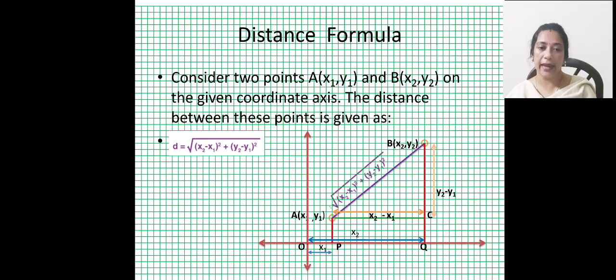So, AB is equal to the square root of (x2 minus x1) whole squared, plus (y2 minus y1) whole squared. So, this is how we find the distance between 2 points on a Cartesian plane when their coordinates are given, and this particular formula is called the distance formula.